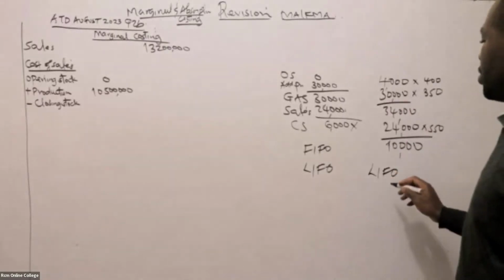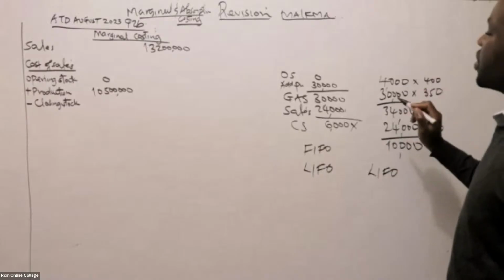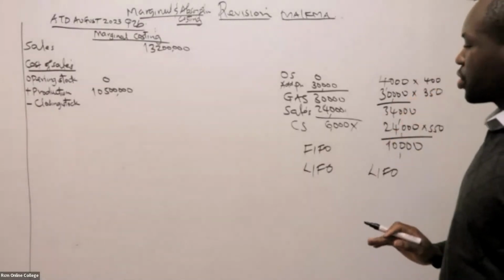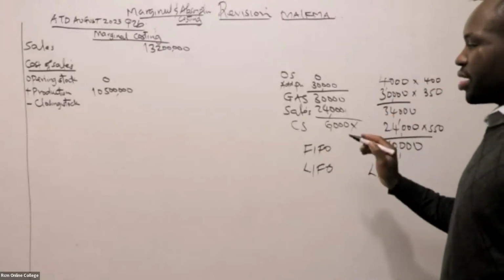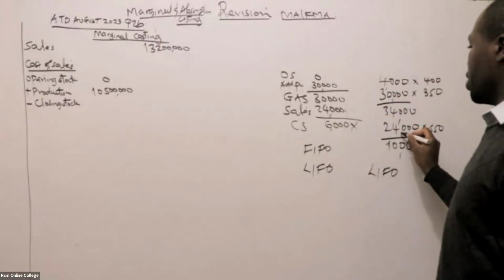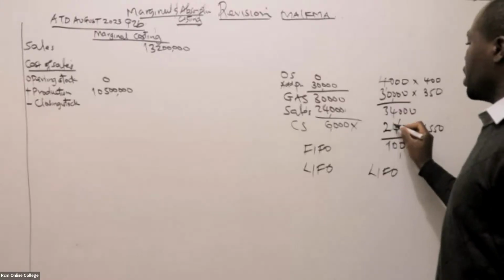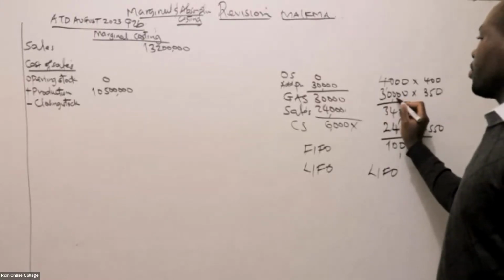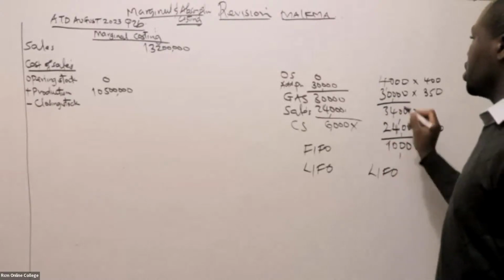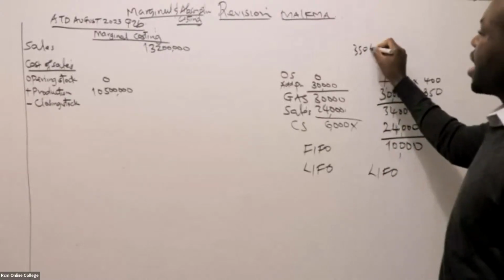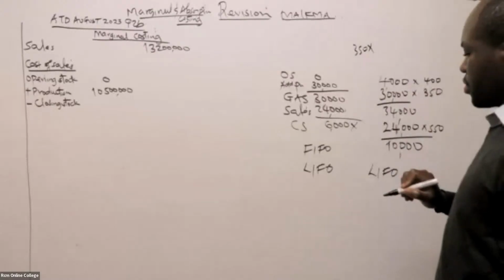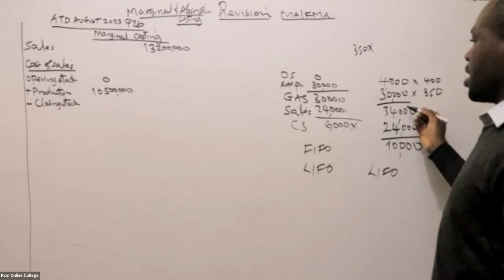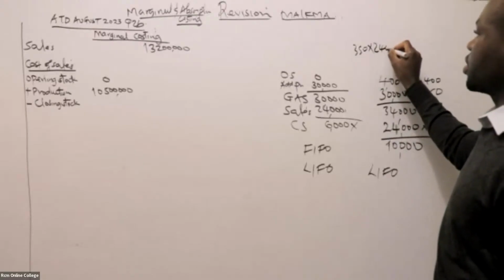So whatever was produced will be sold first before we sell the opening stock. So for me to get the cost of sales of the 24,000 units that were sold, the entire 24,000 units came from what was produced during the year. So the cost of what was sold is basically 350 times the units that were sold, which is 24,000, right?